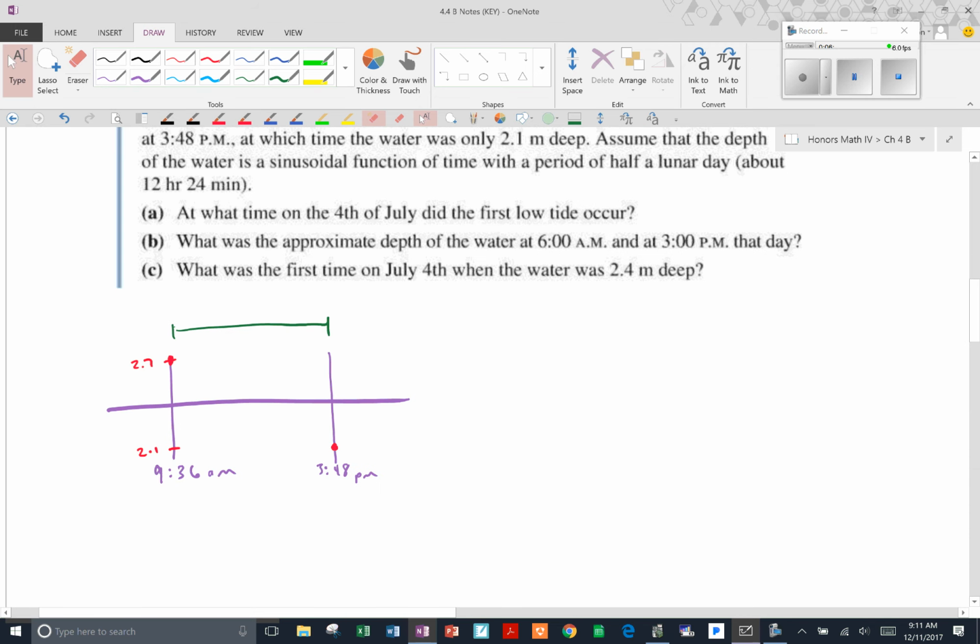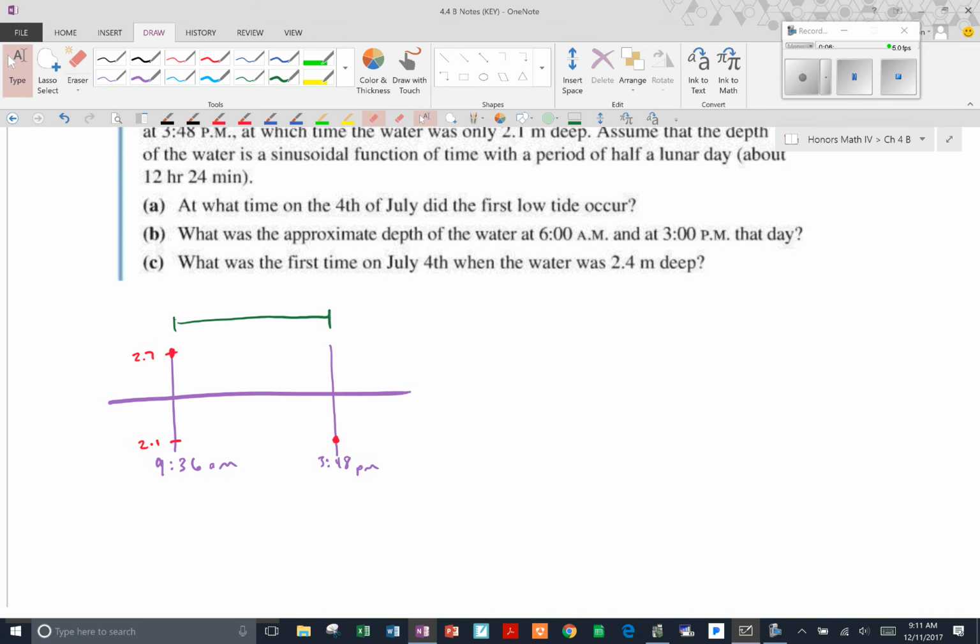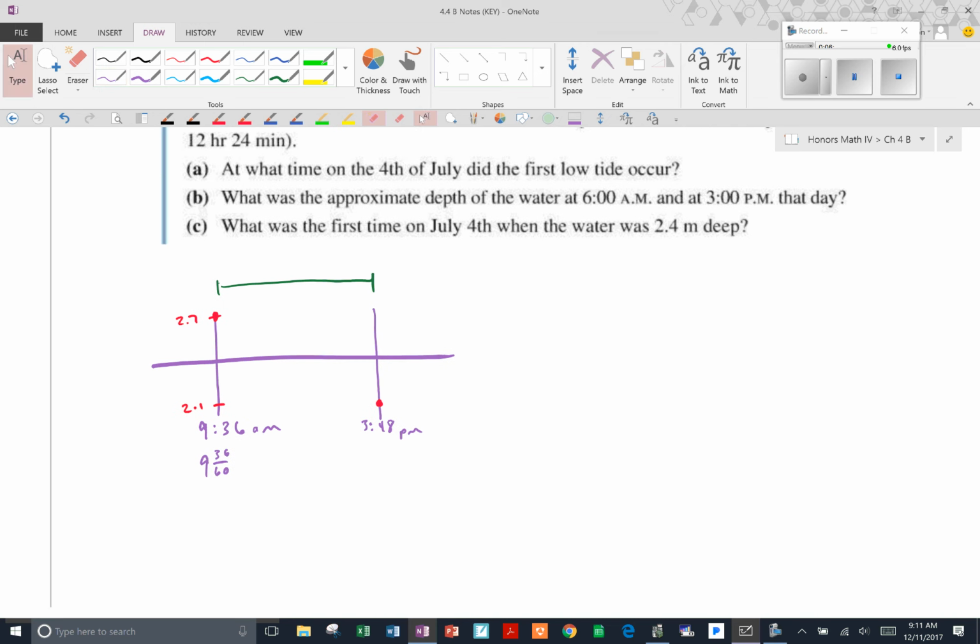So as a decimal, we can find out how many hours past midnight we are. 9:36 would be, 12 goes into both of those, so we have 9 3/5, or 9.6 as a decimal.